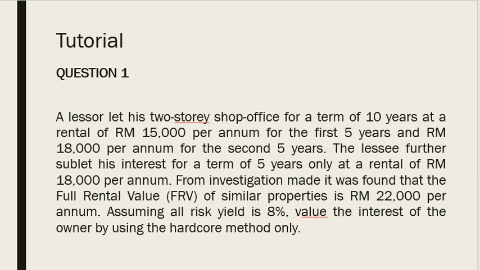However, the lessee further sublets his interest for another 5 years at the rental of 18,000. The rental value is 22,000 per annum, and the ARY is 8%. You are using the hardcore and layer method to value the capital value of the freeholder or the owner.